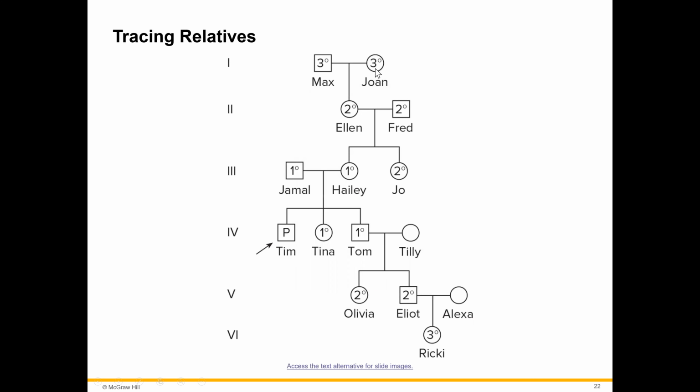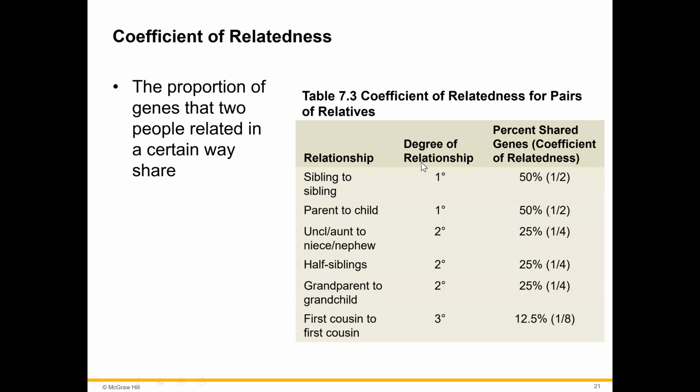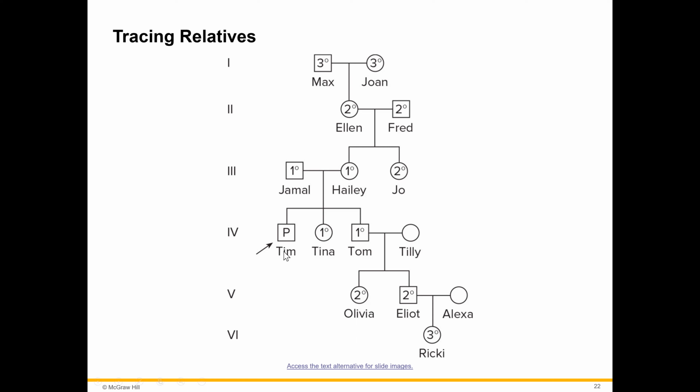Over here, we have diagrams tracing relatives. Let's say Tim has some genetic condition, and Tim has a sister and a brother. This is the first degree of relationship, so they share 50% of genes.